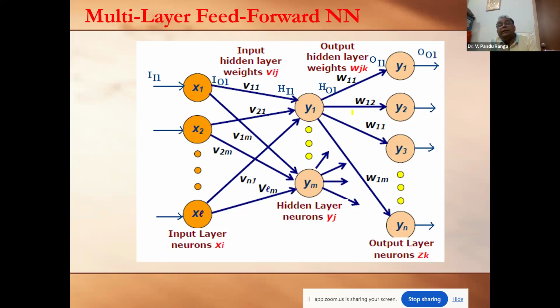Vij represents the weights that connect the input layer to the hidden layer, and Wjk represents the weights that connect the hidden layer to the output layer. So if you decide the number of neurons in the hidden layer and the connection weights between the neurons, that decides the architecture of this network.